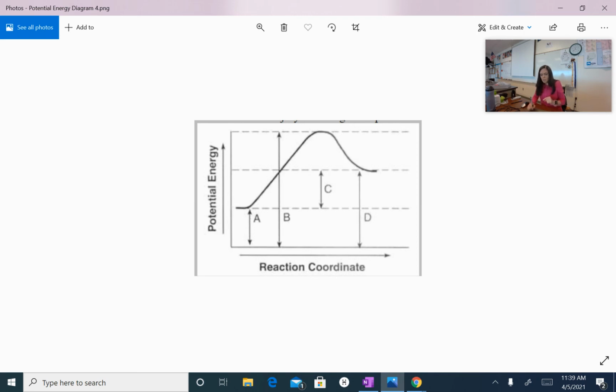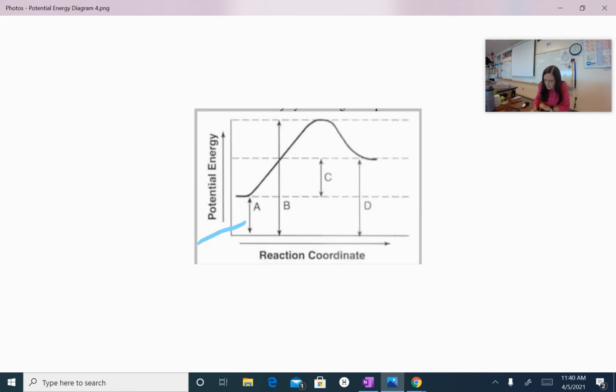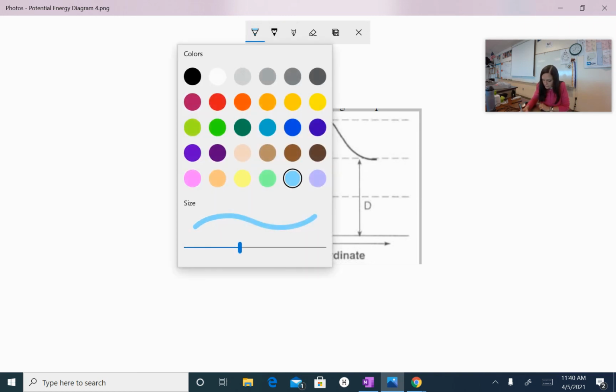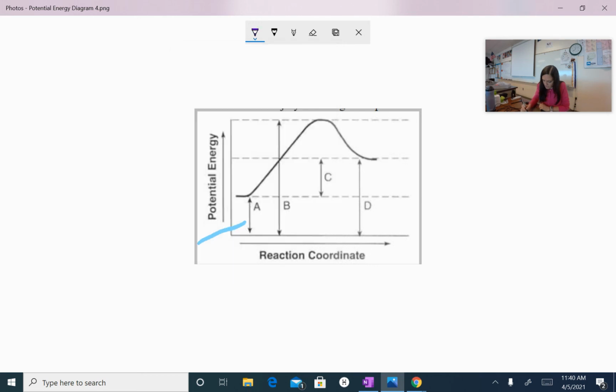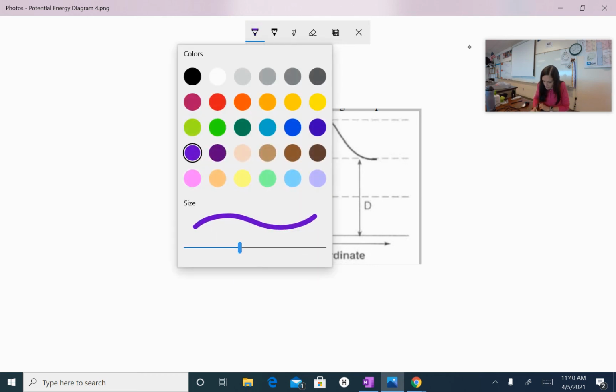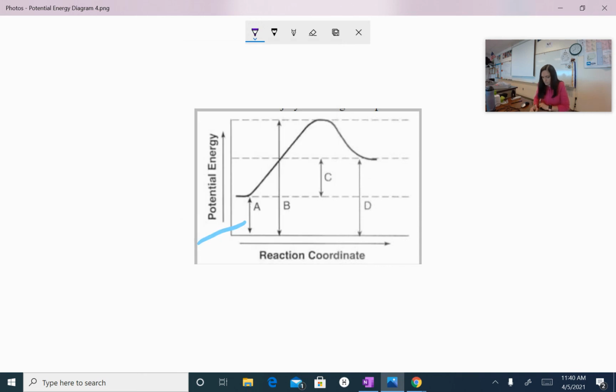Let's just look at this next diagram, and we're going to put in some things on this one as well. Okay, so what do you think A represents? Do you have an idea from all the things that we looked at? A is our potential energy of our reactants.